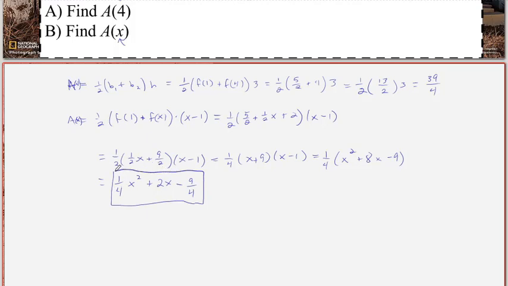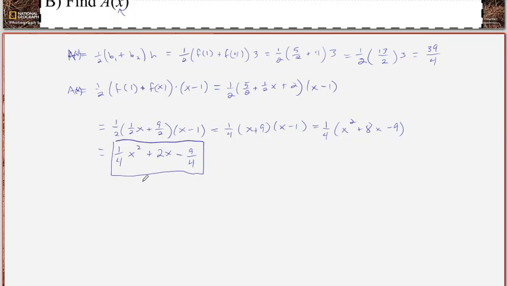So now what that says is if I plugged 4 into here, I should get what I got originally. So let's try it, call this a check. 1/4 times 4 squared plus 2 times 4 minus 9/4.